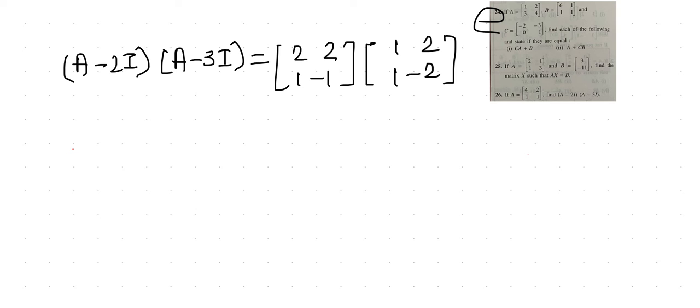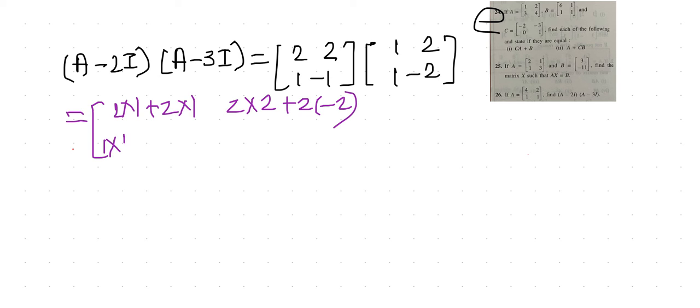So write down, this is equal to, see, this is 2 into 1 plus 1 into 2, and then 2 into 1 plus 1 into minus 2. Then we have 2 into 1 plus minus 1 into 2, and 2 into 1 plus minus 1 into minus 2. So how much is the answer that you are going to get?